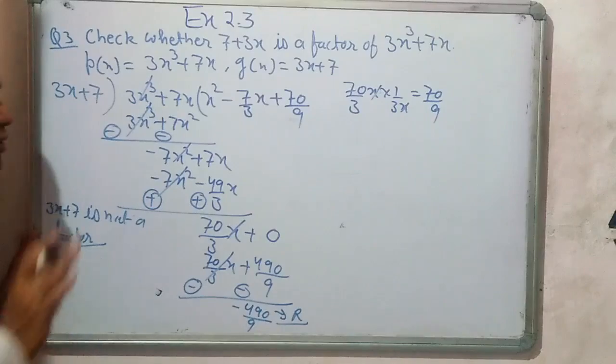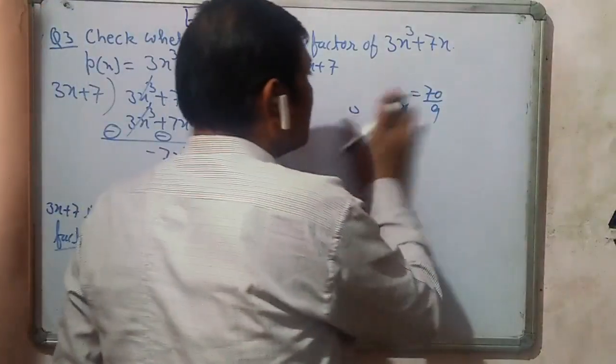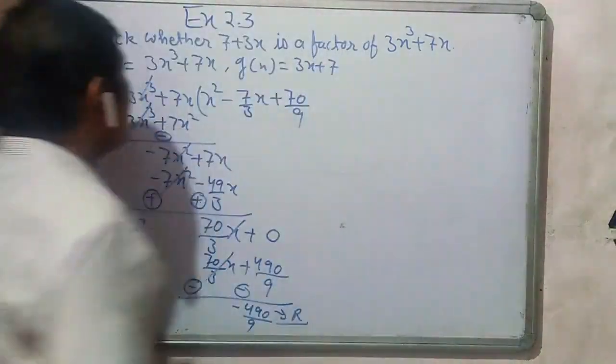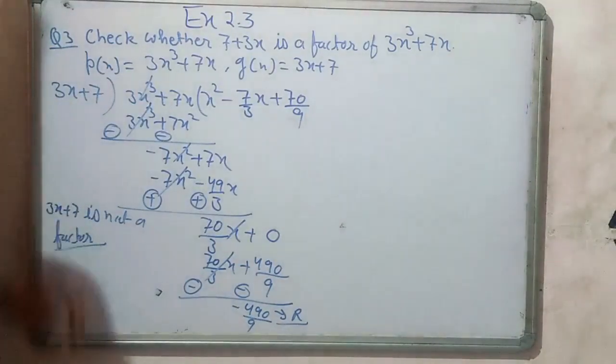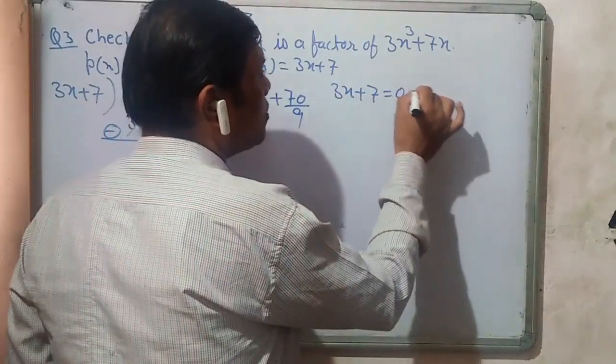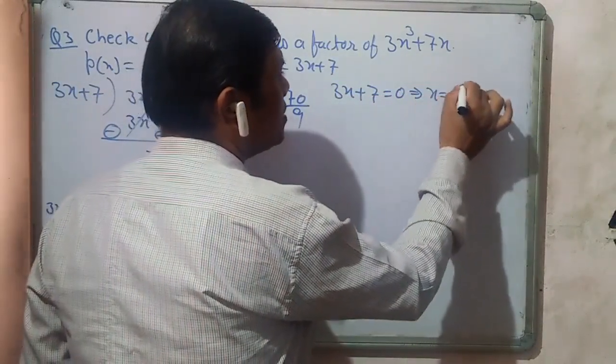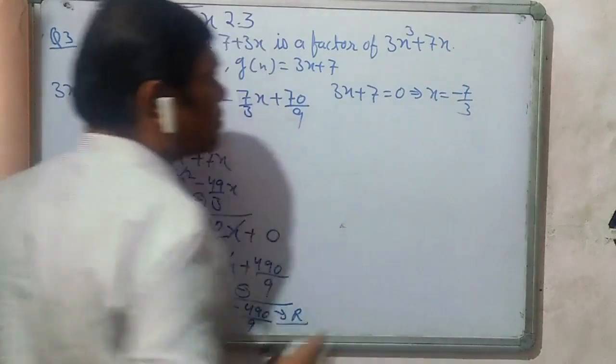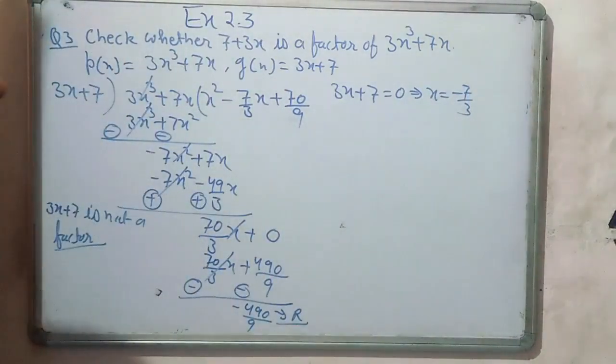What about the remainder theorem? Let us check with the remainder theorem also. What we had is 3x plus 7. Put 3x plus 7 equals 0, which implies x equals minus 7 upon 3. Check what the remainder will be.